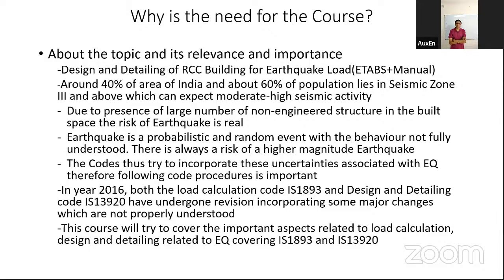The complete northeast portion lies in seismic zone 5. Your plains of Gujarat and your Western Ghats also lie in seismic zone 3. Some portions lie in seismic zone 4. So, population wise, the most populated parts of India lie in a seismic zone that is prone to moderate to high levels of earthquakes.